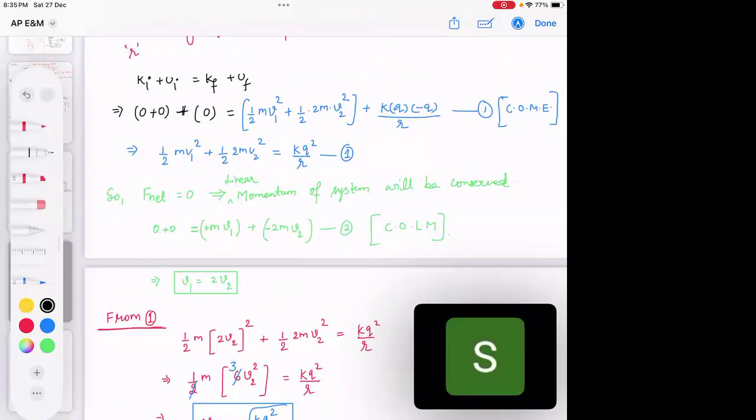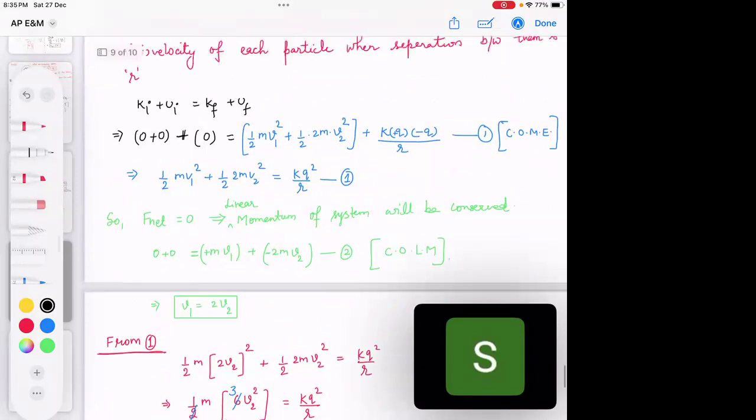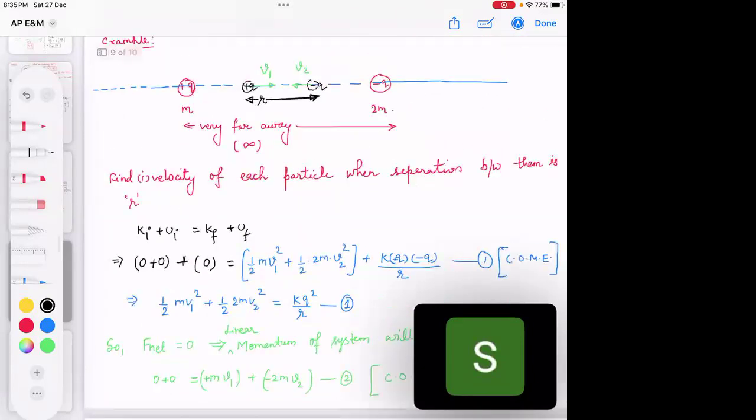Each particle is experiencing a force, you cannot say that there is no force in the question. But if I look at these two particles together as my system, then I see there is no net force acting. Understood? That's why we conserve the linear momentum of the system, not of the individual particle.